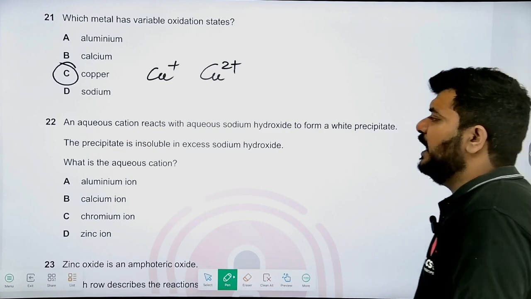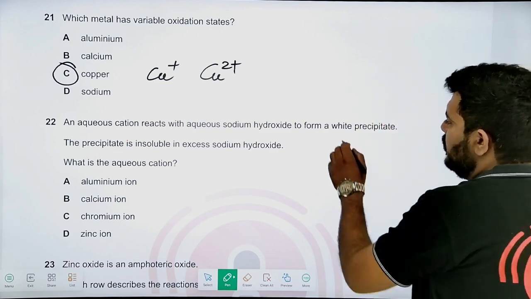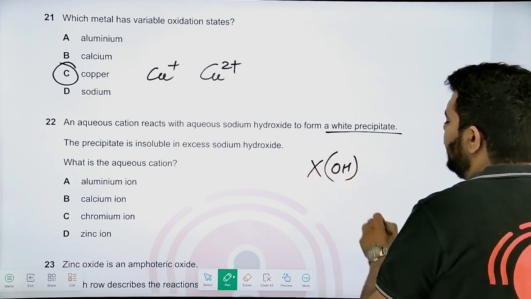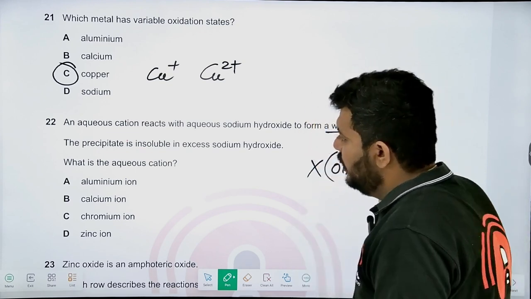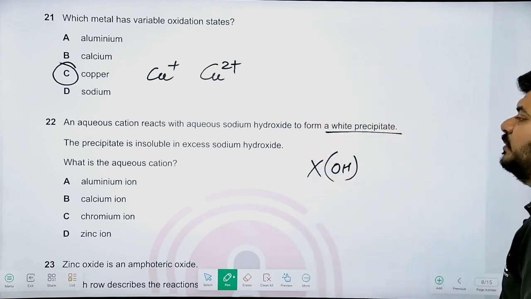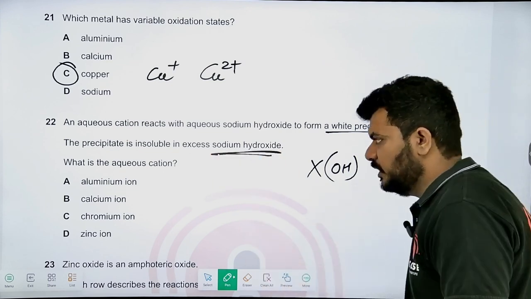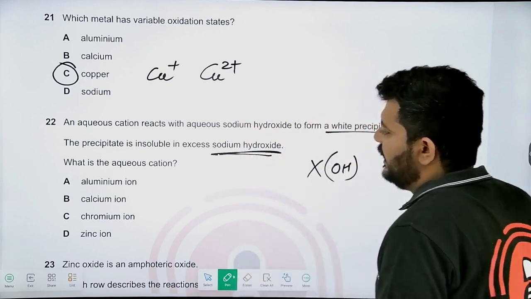An aqueous cation reacts with aqueous sodium hydroxide to form a white precipitate. So XOH is insoluble. Hydroxides of group 2 are generally insoluble. The precipitate is insoluble in excess sodium hydroxide. What is the aqueous cation?